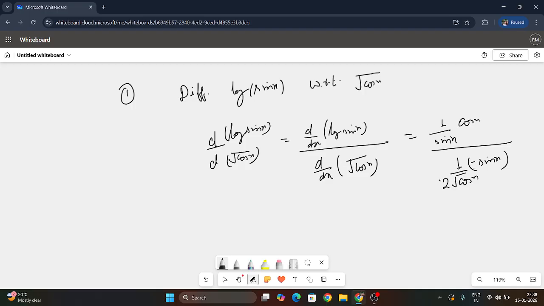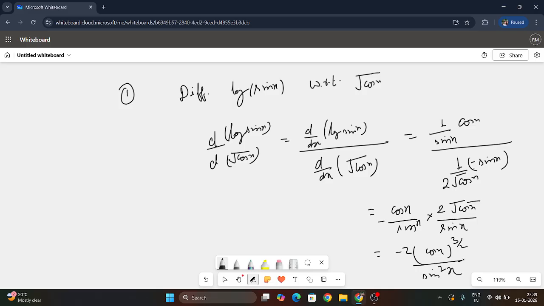Okay, so now if you solve it, cos x by sin x minus of 2 root cos x by sin x. Okay, minus 2 cos x to the power 3 by 2 divided by sin square x, and that is the answer of this question.